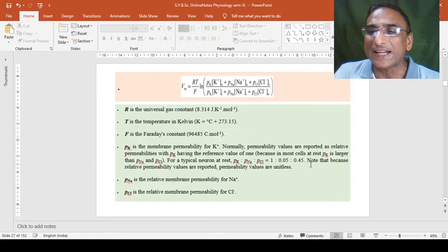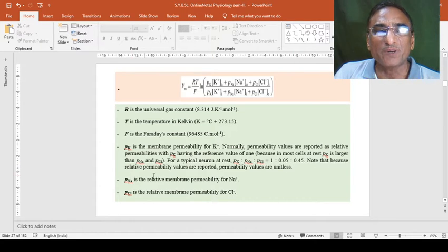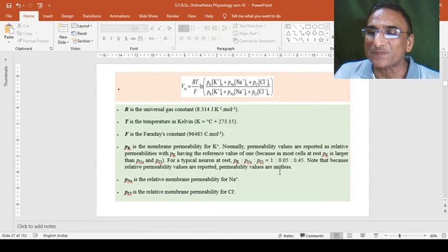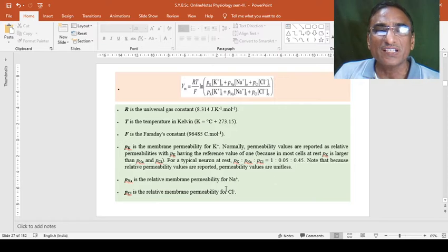So note that because the relative permeability values are reported, permeability values are unitless. Unless we are giving the relative permeability, it becomes unitless.